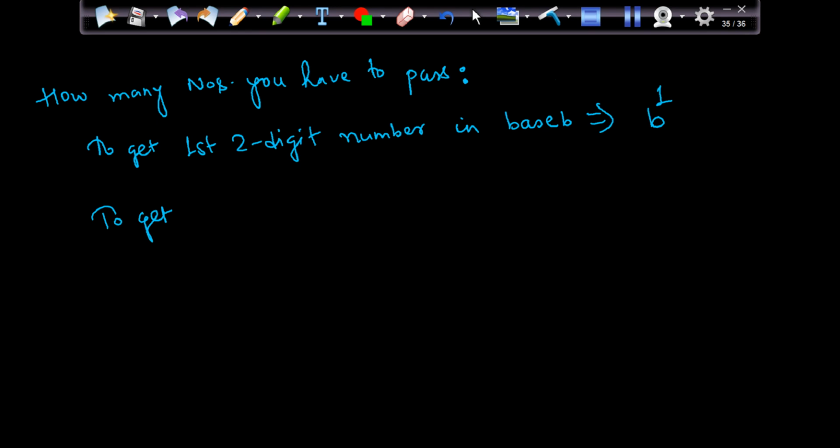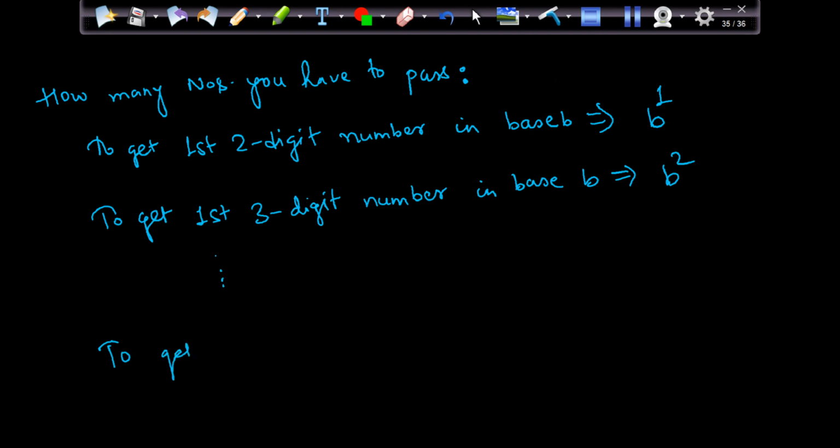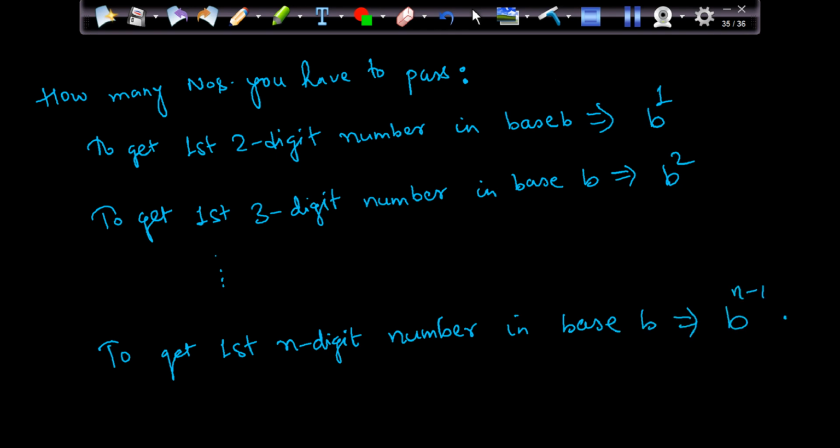To get to the first three-digit number in base B, it is B to the power 2, and so on. To get to the first n-digit number in base B, it is B to the power n minus 1.